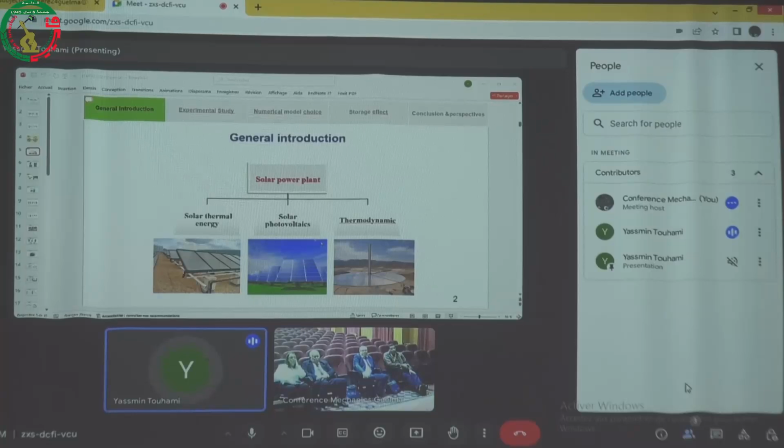So let's move to the second part, which is devoted to the experimental study. Experiments were realized on 3 similar solar heaters, consisting of a rectangular insulated container made from wood, with a black matte painted absorber made from galvanized steel, a glass cover, and an inlet hole with an outlet hole.